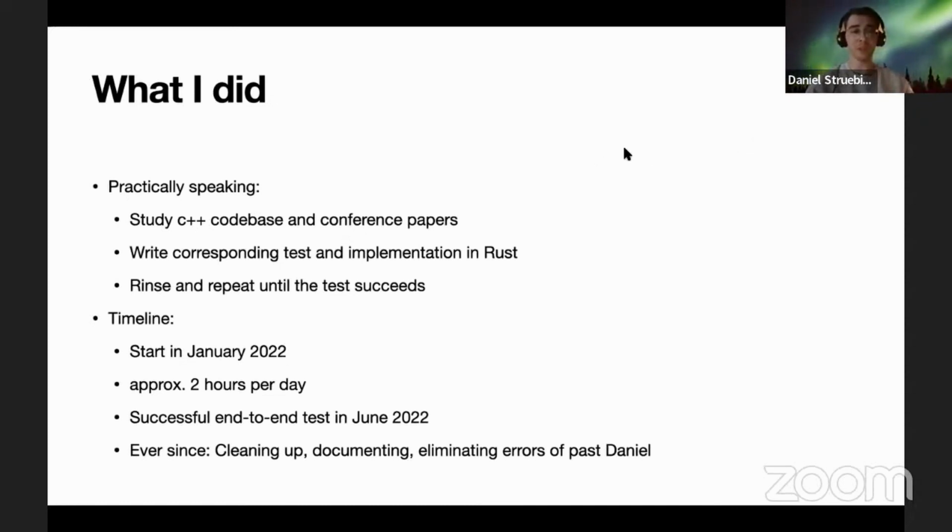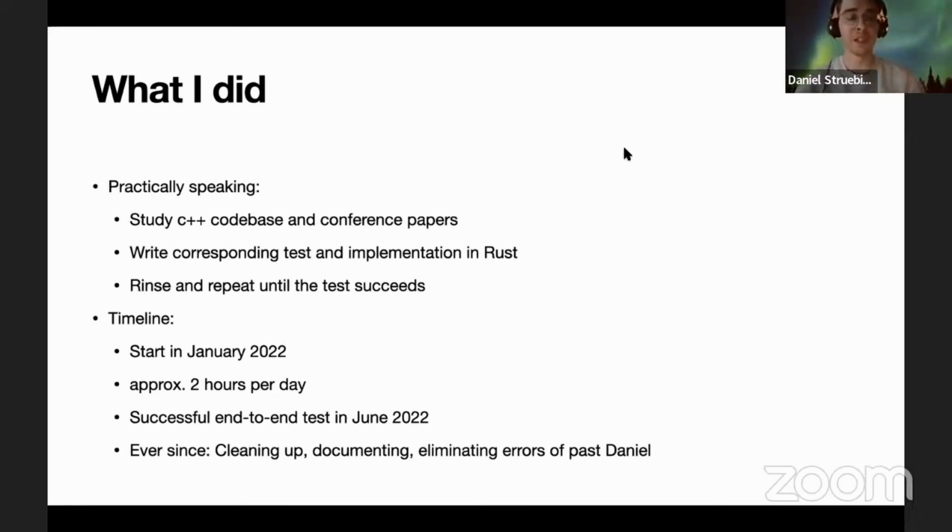The C++ code base is fortunately of very, very good quality, and it's very well tested. It has a build system that doesn't make you pull your hair out on a Tuesday afternoon at 8 p.m. or something. But it compiles nicely. The tests are very, very transparent and very thorough.